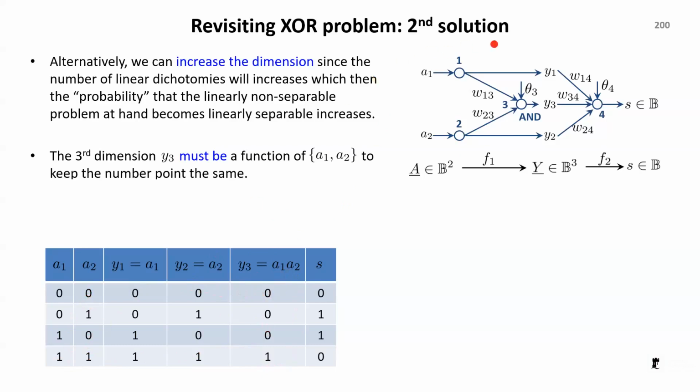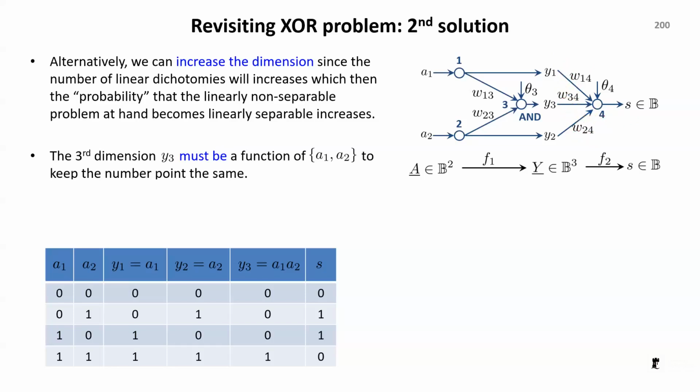And now I have 3 dimensions for Y. Our perceptron changes. If you see at the output, now this perceptron has 3 inputs. We have 3 dimensions.